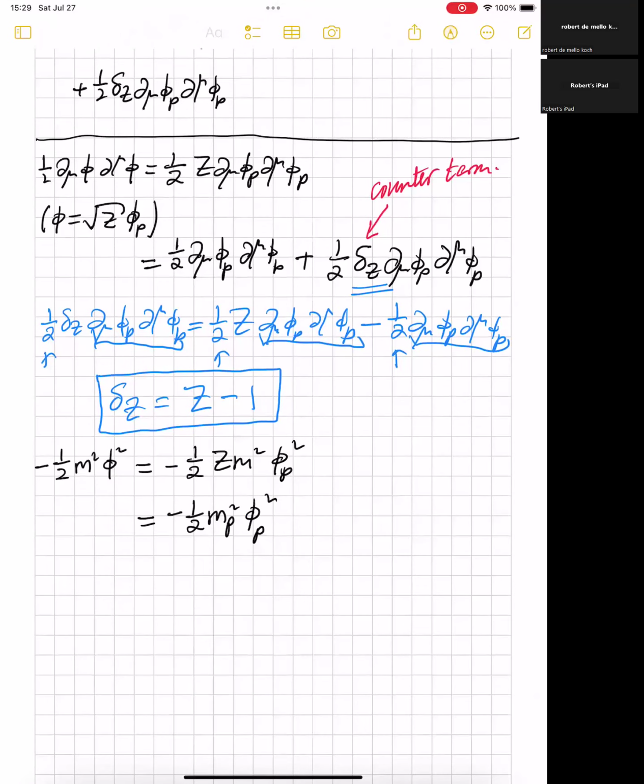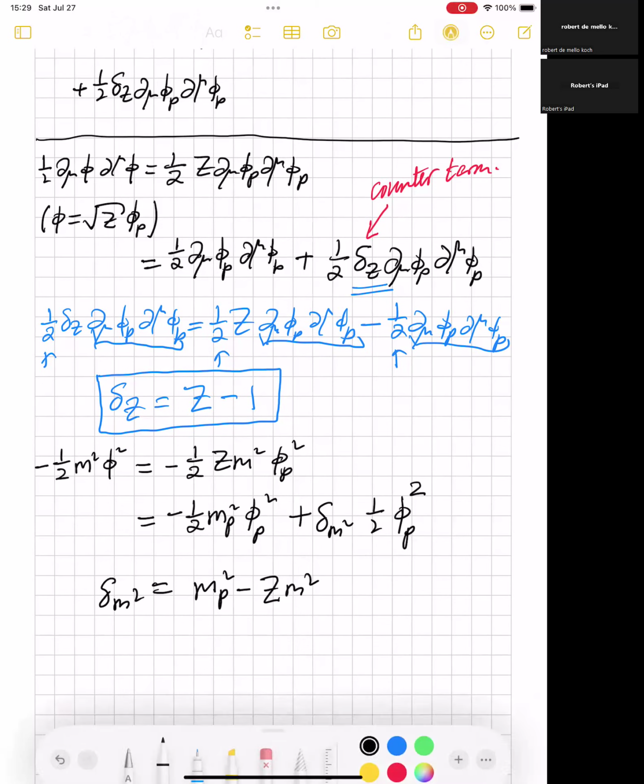That's the term that I would like. But for this to be true, I need to add a counter term. So this will be 1/2 the counter term delta m squared and phi physical squared. And working just like we did before, we can say what the counter term is. So the delta m squared counter term will be mp squared minus zm squared.